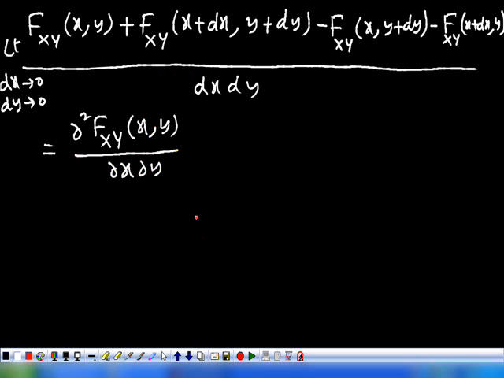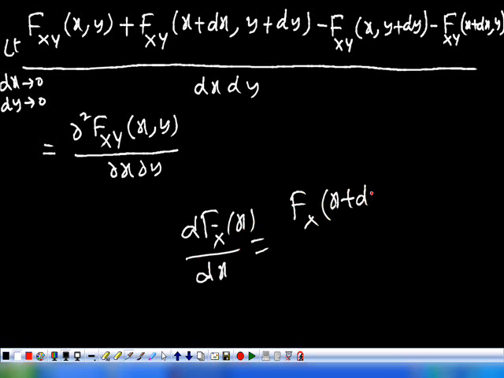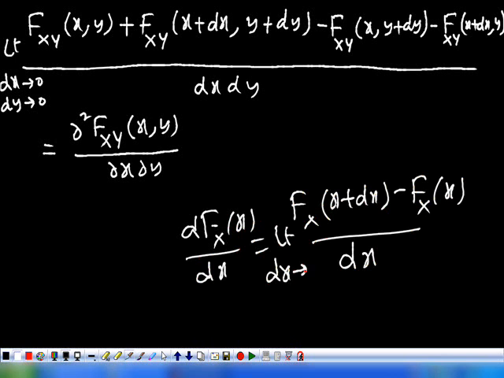Here we already know that dFx of x by dx can be written as Fx of x plus dx minus Fx of x, divided by dx, as the limit dx tends to 0, is it?